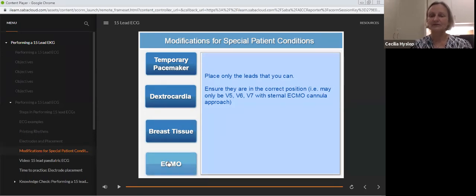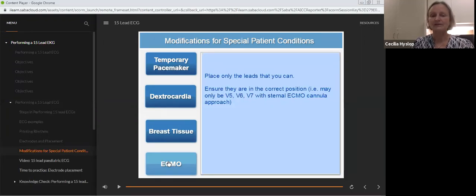We do have patients in our unit with open sternums, and they will either have a patch across the open sternum, meaning the bones aren't closed and the skin's not sewn, or a Tegaderm. We would just leave off any electrode stickers that can't be placed in the appropriate position.